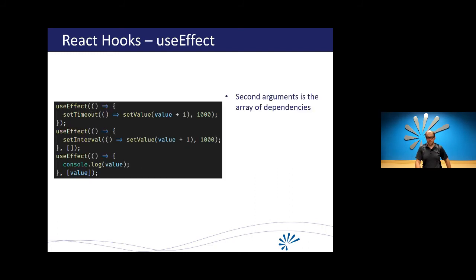All right, so the second argument in useEffect is the dependency array. And this is really where the power comes in, and why useEffect is more readable than the old React lifecycle management. So in old React lifecycle management, you had component will update, component did mount, component should update, and there's a whole bunch.